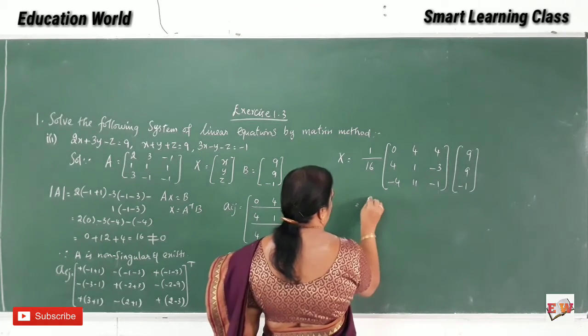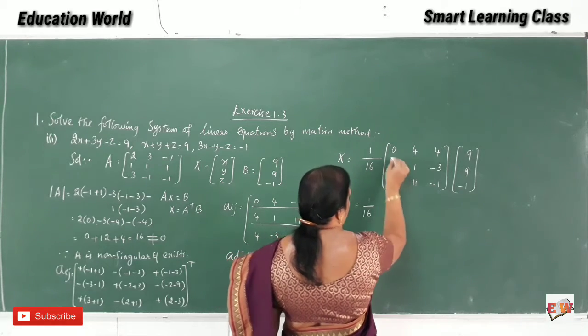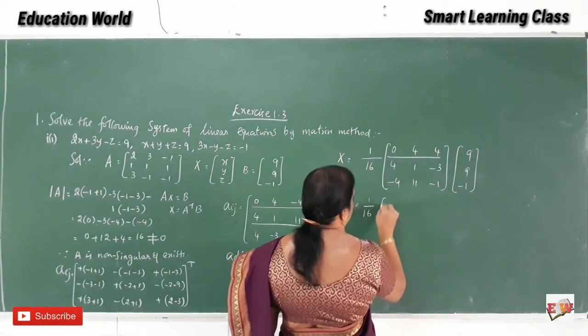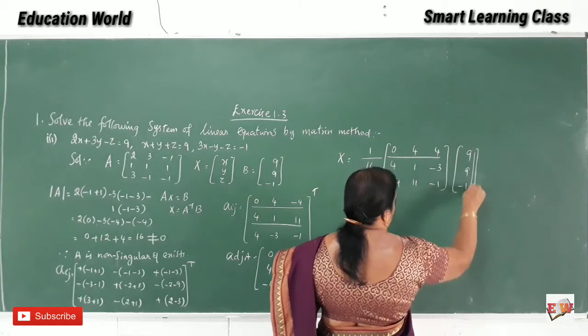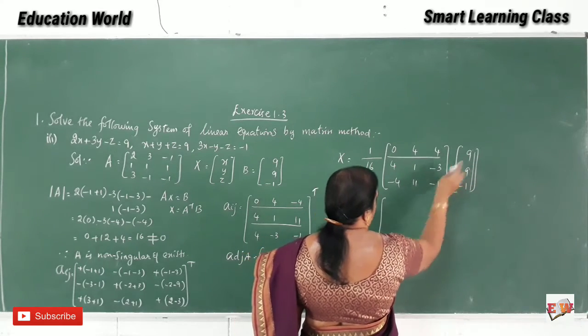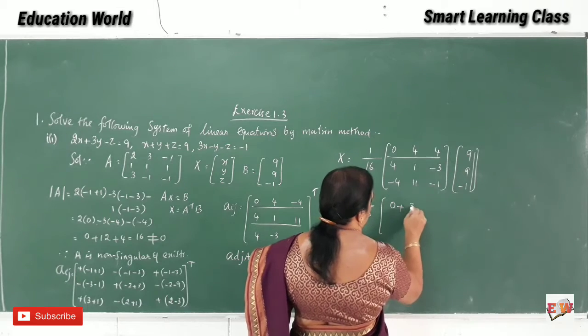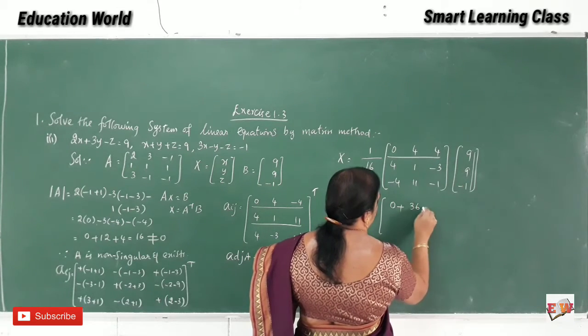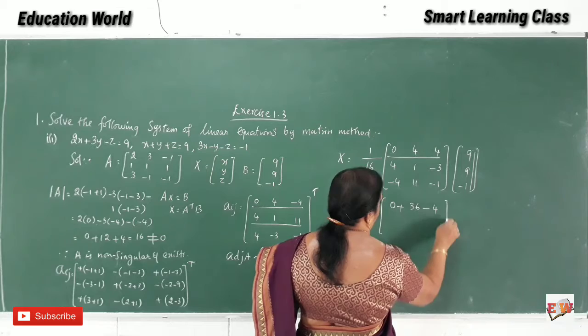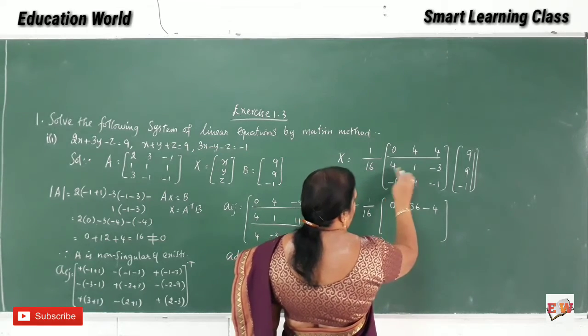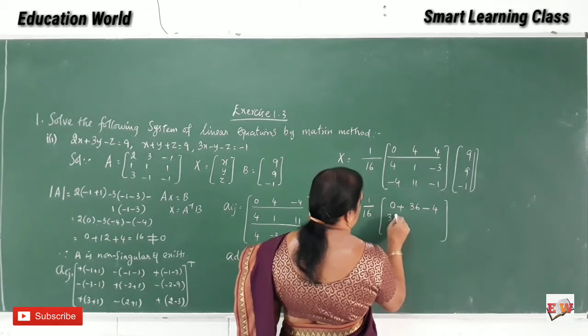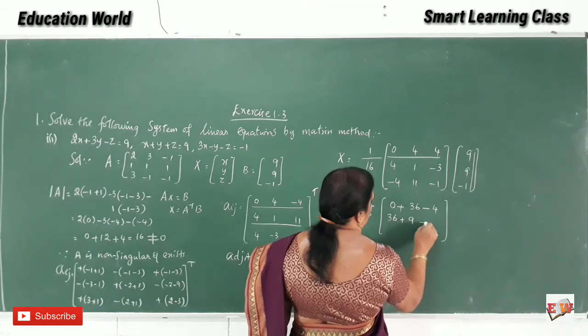Now usual matrix multiplication. I am going to multiply this row by this column. 0 into 9, 0, plus 9 into 4, 36, minus 4. 4 into 9, 36, plus 9, plus 3.